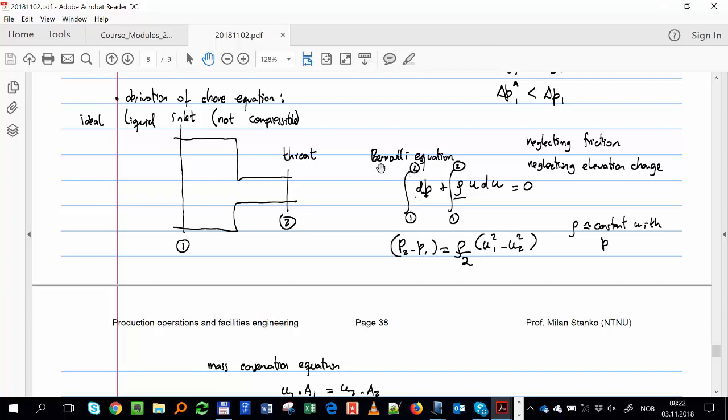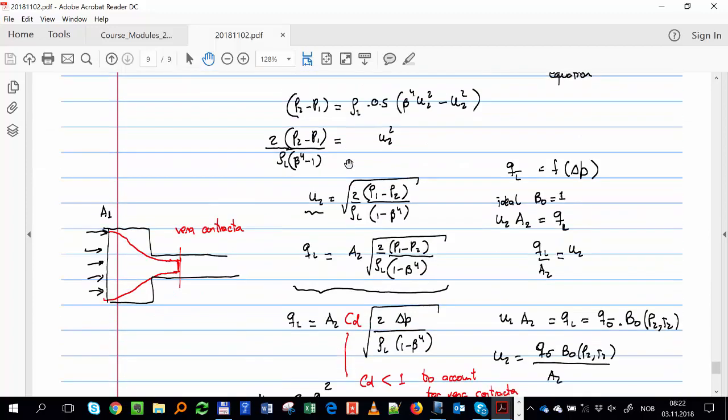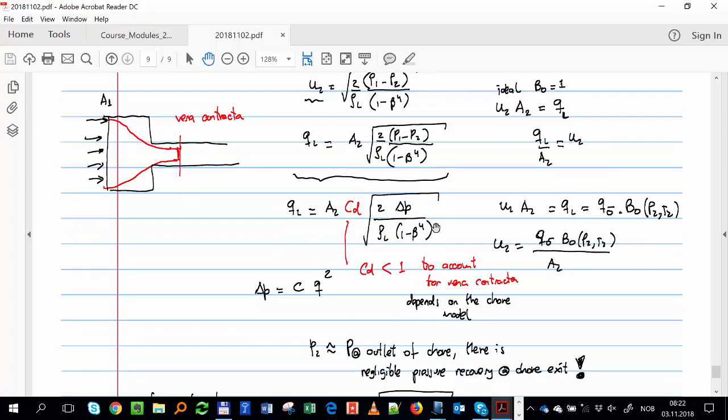Okay, and you apply just the Bernoulli equation between those two points. And you neglect, because it's very short, you neglect friction, and you neglect also the elevation change. By doing that, using the mass equation, then making some substitutions, you end up with this equation for ideal liquid.